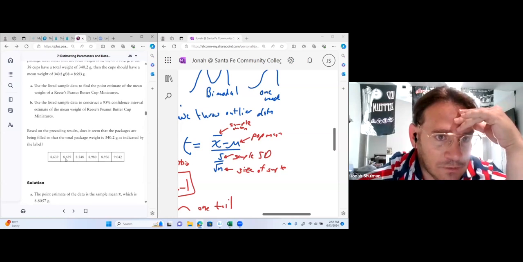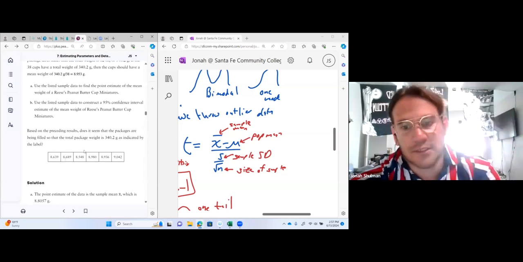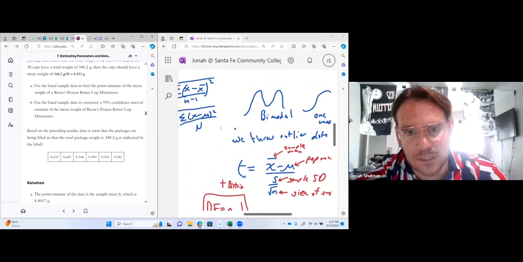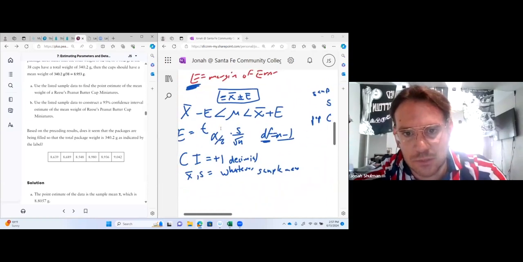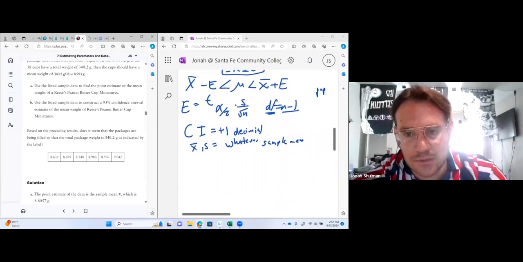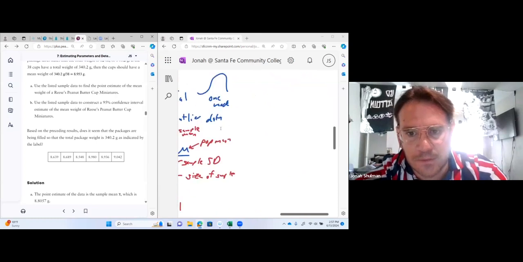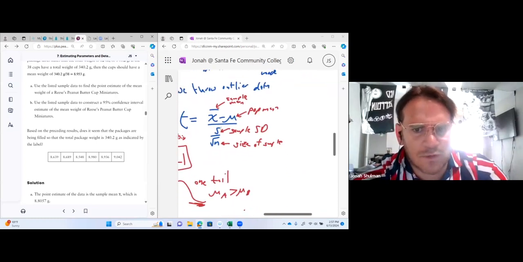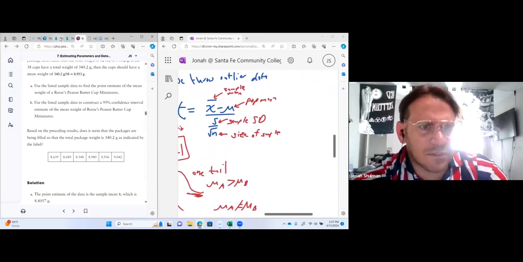The first thing we have to do is get the point estimate, right? So to get our point estimate, which I'm assuming is just our basic x-bar, in this case, yeah. So I'm going to first just find the mean of this. I'm going to take these numbers and find the mean.